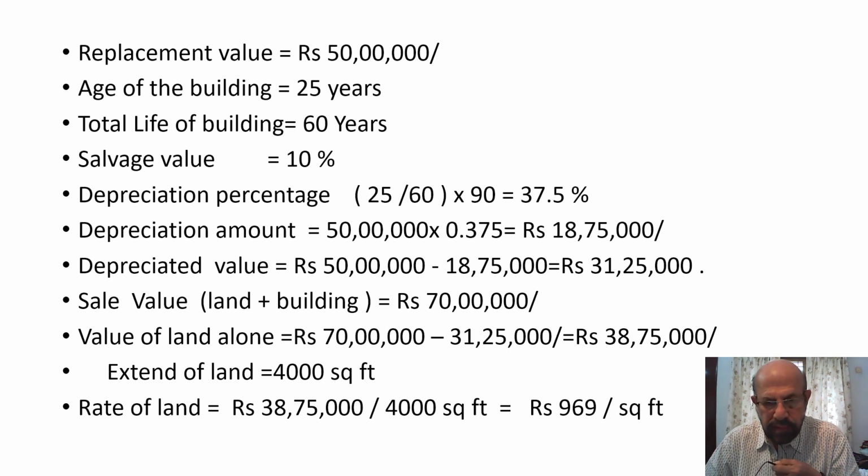Salvage value 10%. Depreciation percentage is equal to 25 divided by 60 into 90 is equal to 37.5%. Depreciation amount is equal to 50 lakhs into 0.375 is equal to 18 lakhs 75,000. So depreciated value is equal to rupees 50 lakhs minus 18 lakhs 75,000 is equal to 31 lakhs 25,000.